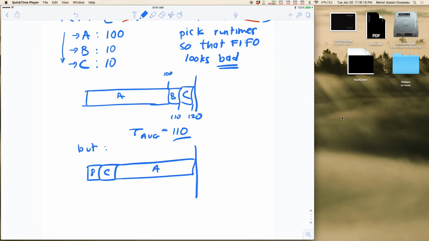If our metric was the total completion time of all the jobs, switching the order doesn't make any difference at all. But if our metric is the average turnaround, then you can see here that the average turnaround is 10 plus 20 plus 120 is 150 over 3. So T average equals 50.